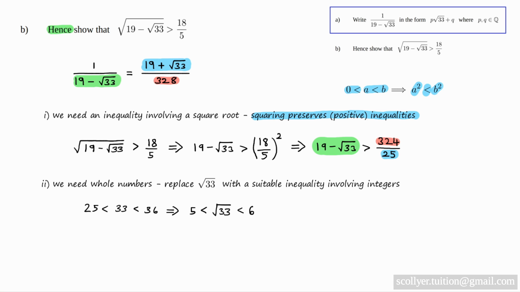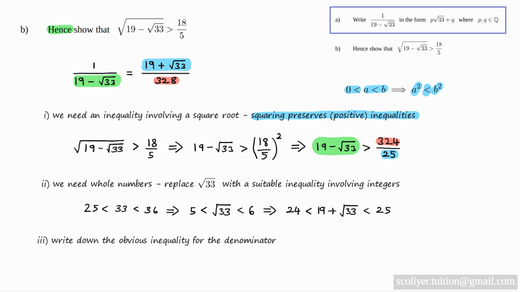However, we are really interested in the quantity 19 plus root 33, and we can obtain that by adding 19 to both sides of these inequalities to see that 19 plus root 33 lies between 24 and 25. And so we have two potentially useful inequalities for 19 plus root 33.